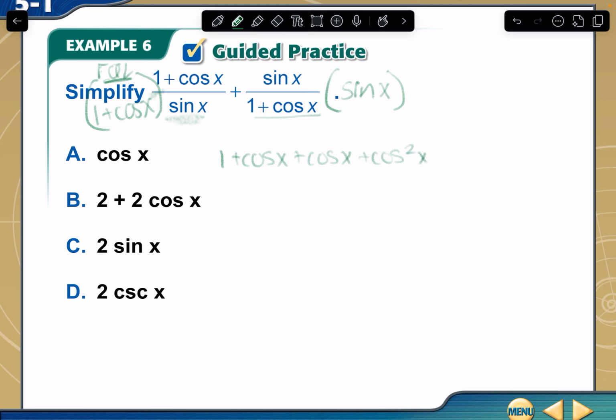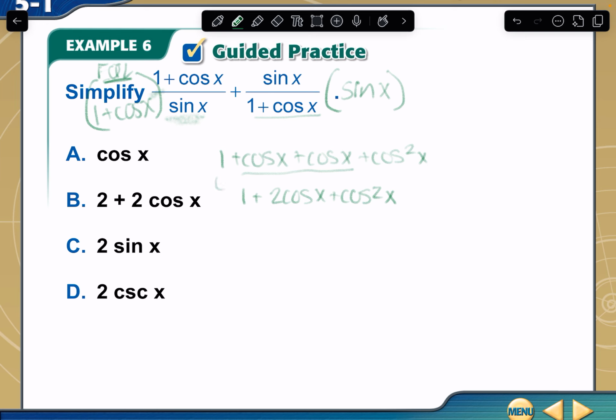Combining my like terms, and this is different than what we've done before because we haven't had this scenario yet, but I have a cosine plus a cosine. So this is going to actually end up with 1 plus 2 cosine x plus cosine squared x.